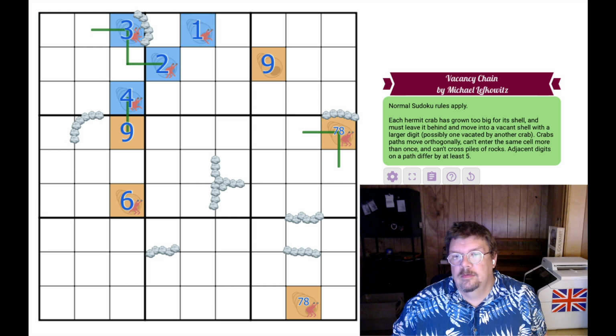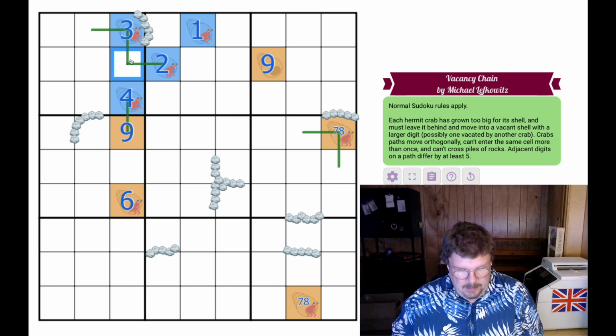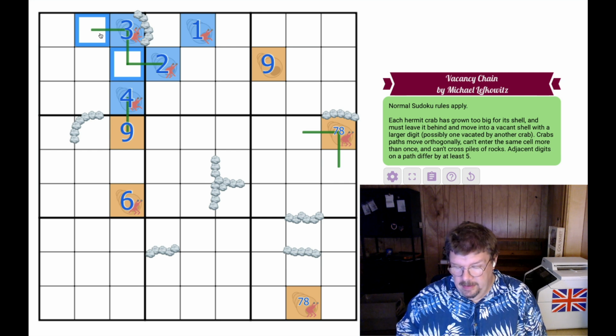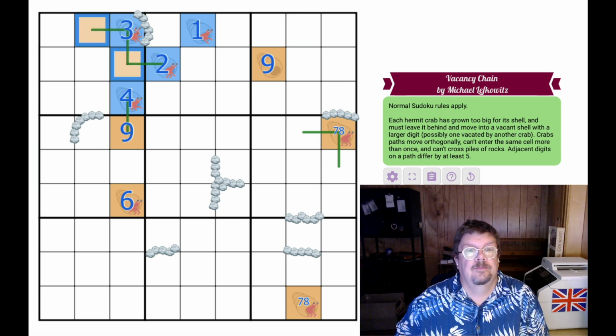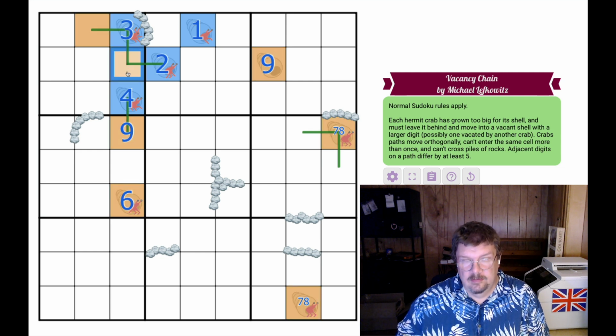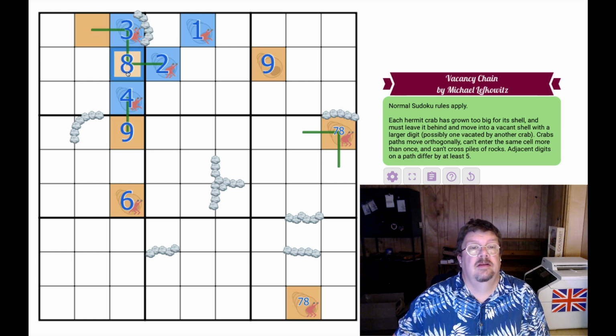So these two are on the path and are high digits. Now, that can't be 6 or 9, and it can't be 7 because 3 is too close. That's an 8.